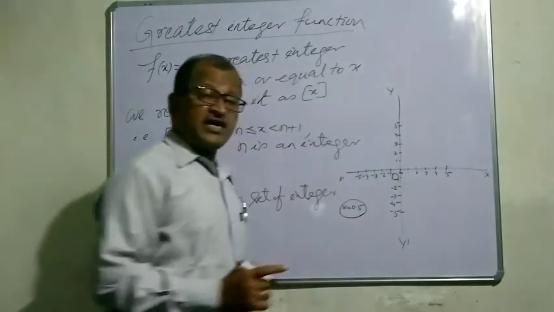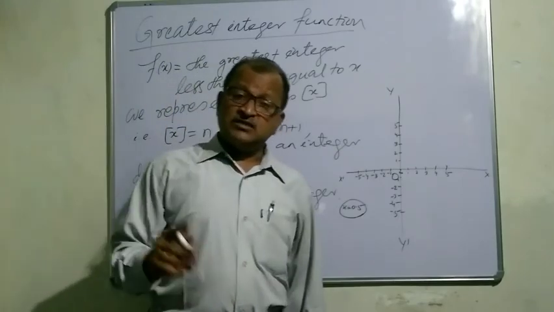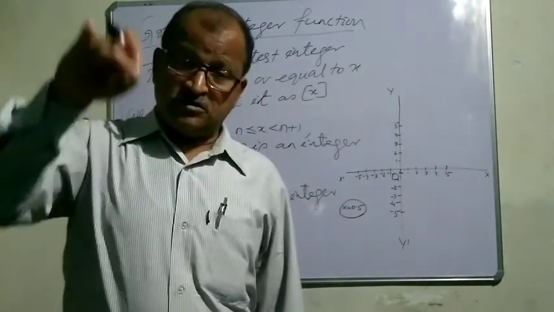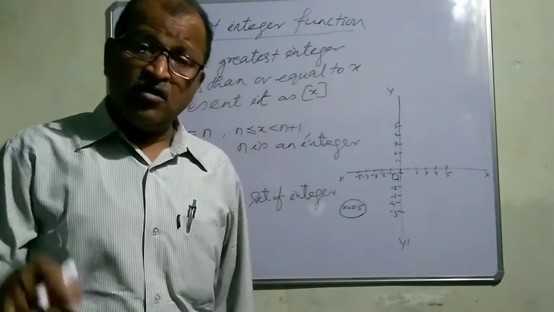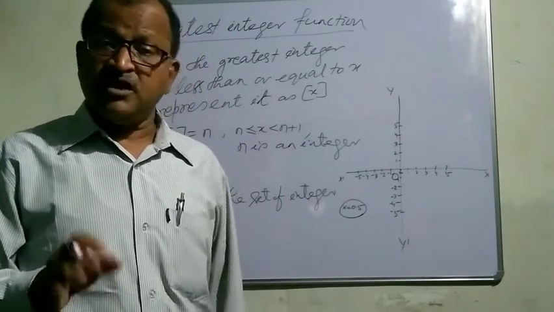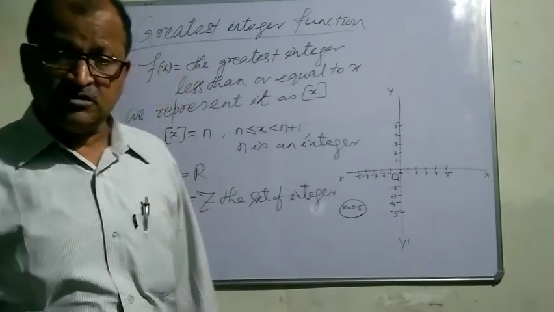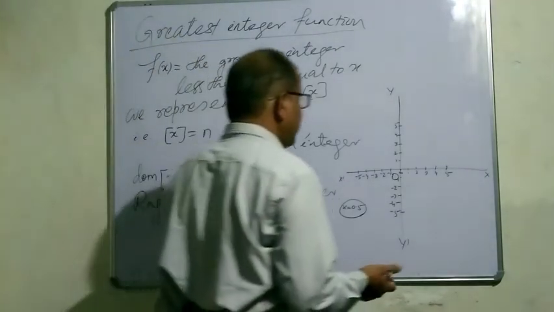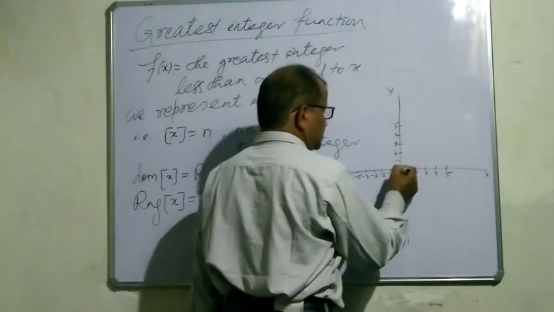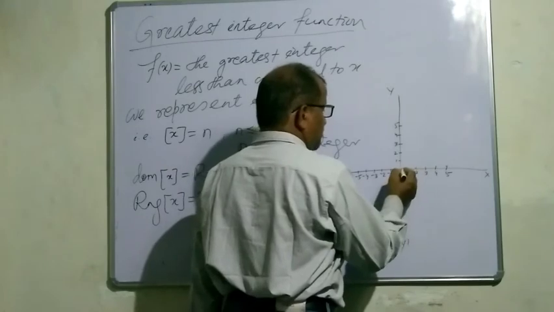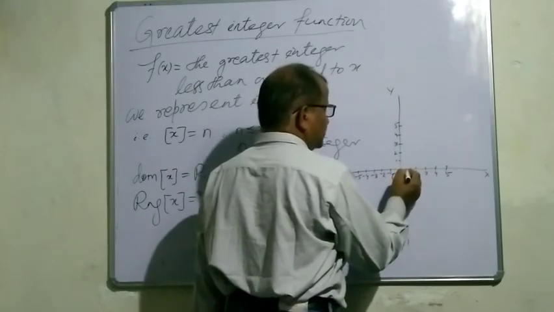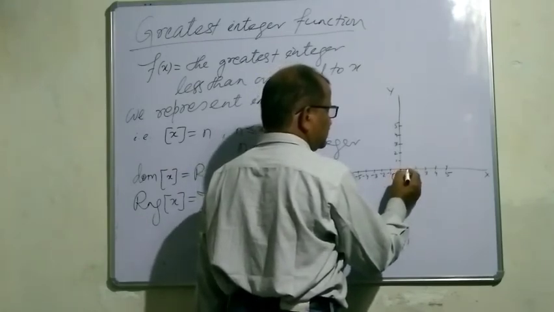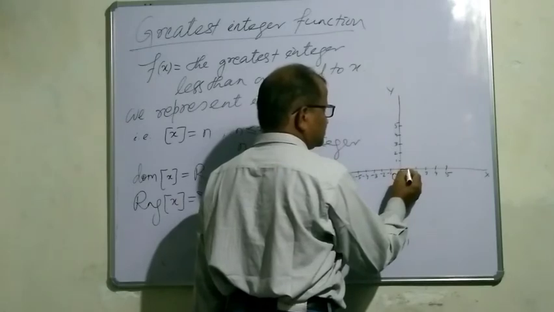That means the greatest integer less than or equal to 0.5. Equal to 0.5, there is no such integer, so less than 0.5, it is 0. Up to 0.999 recurring, the value will be 0. The graph will be like this.